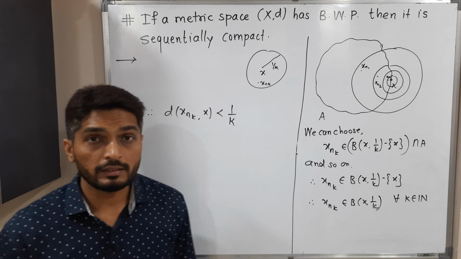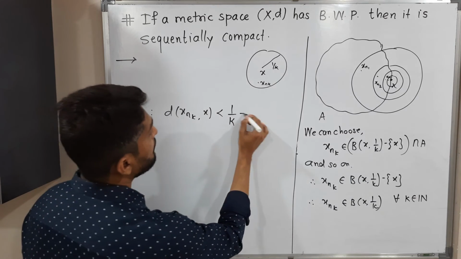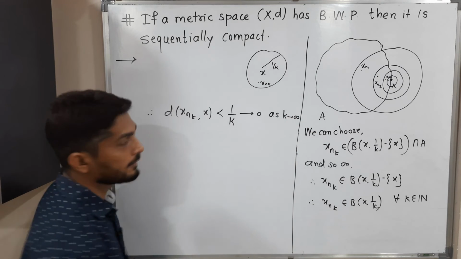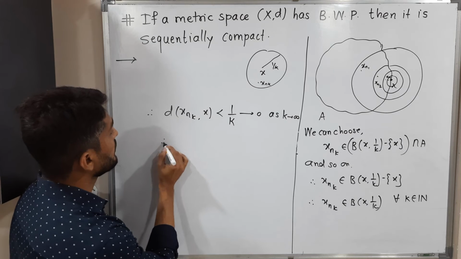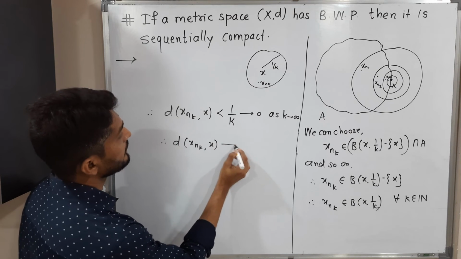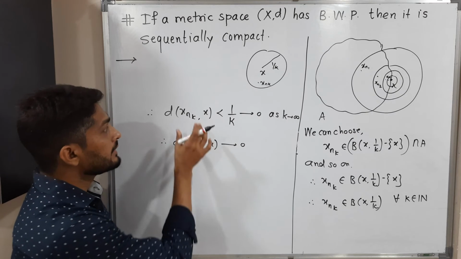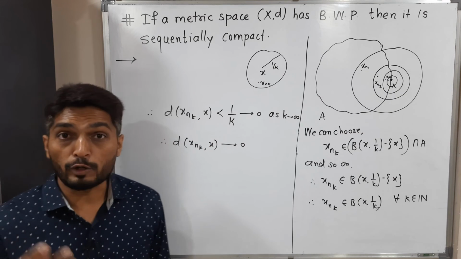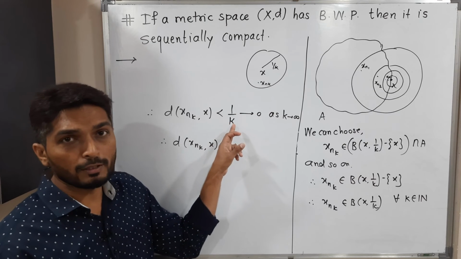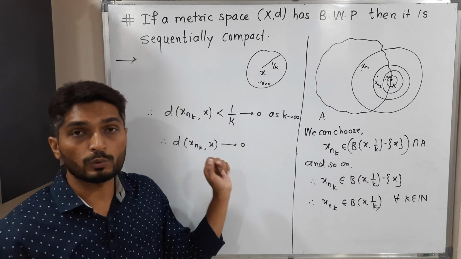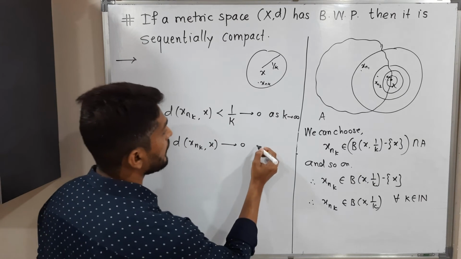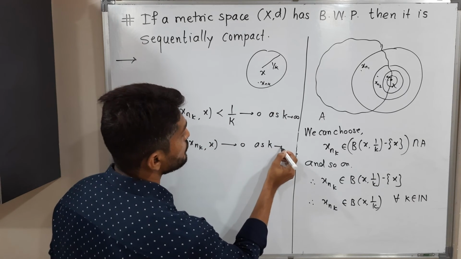But we know that as k tends to infinity, 1 by k tends to 0. That means the distance between xn k and x also tends to 0. This is a distance, you know, it cannot be negative. We are saying it is less than some number which is converging to 0, that means this distance also converges to 0 as k tends to infinity.